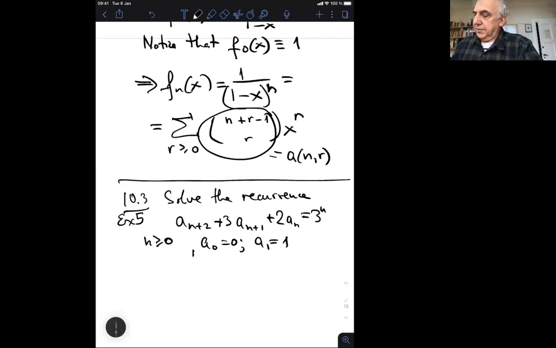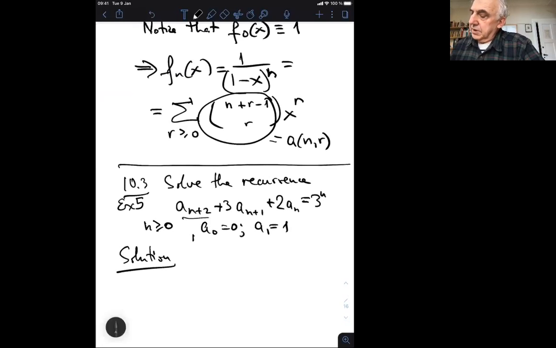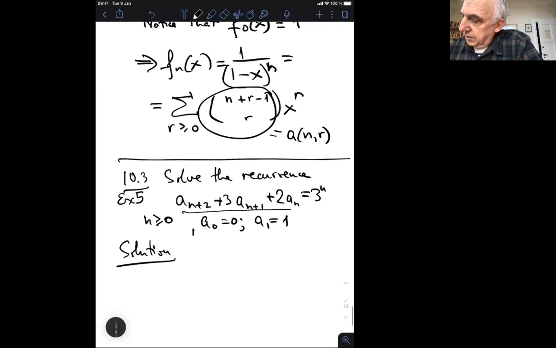So first of all, we have to look at the characteristic equation of the homogeneous part and see if it has a root 3 or not. If it doesn't, then the situation is easy. If it does, we have to work harder.